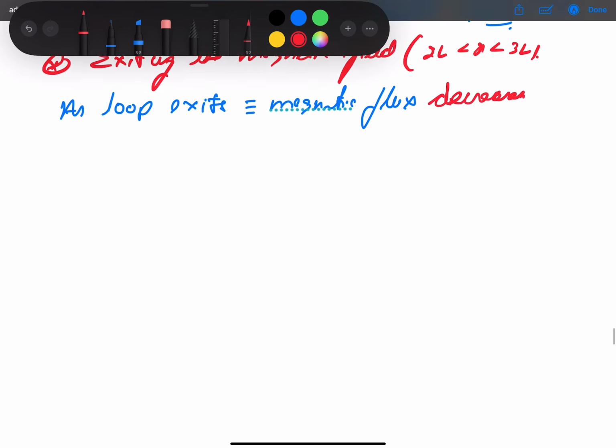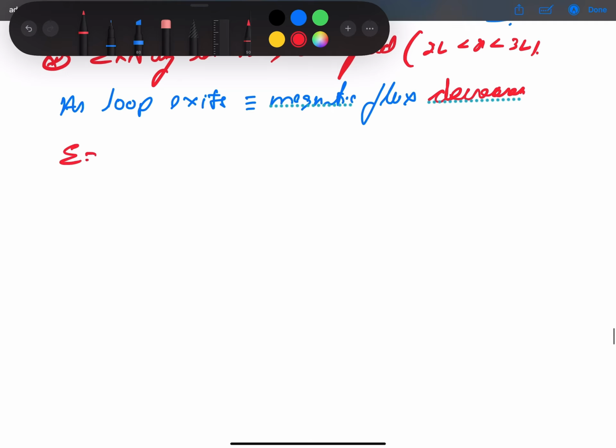Therefore, we can write induced EMF equals minus d phi by dt.